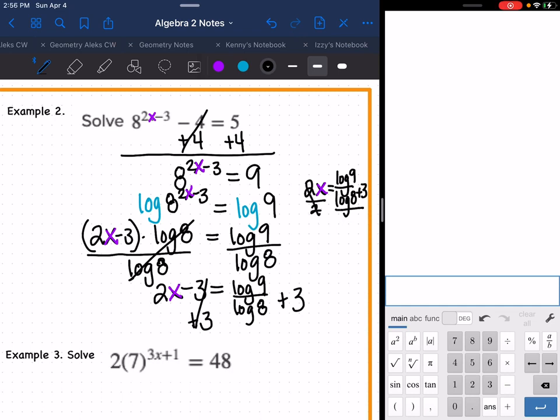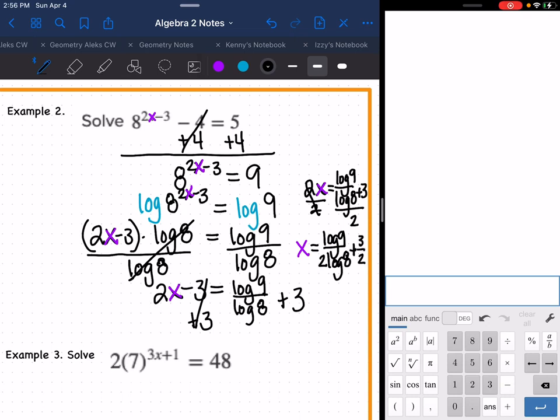Now, what I want to show you here is that's what you're thinking in your head, right? I'm going to divide everybody by 2. Now remember, when you go to put this in the calculator, it's going to turn out as log 9 over 2 log 8 plus 3 over 2.